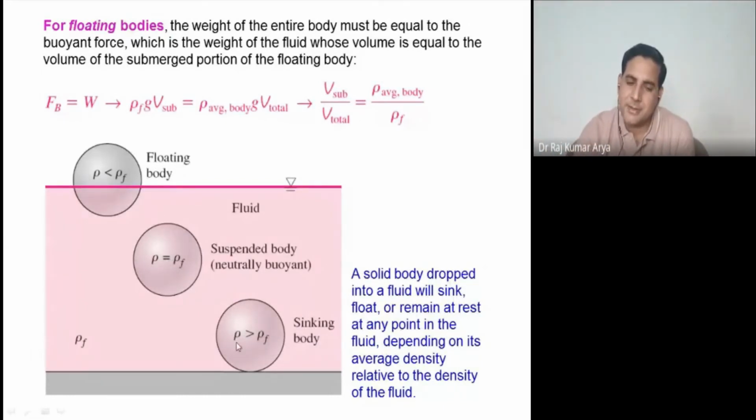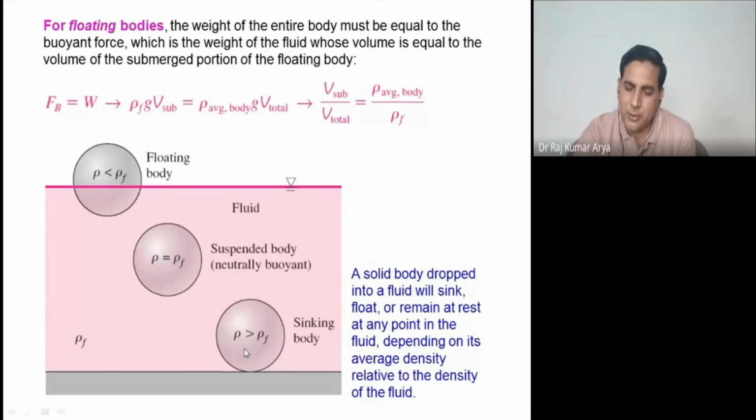If the density of the object is higher than this, it will sink and just sit on the bed. So that's where you consider your stability parts, whether they will sink or float or submerge.